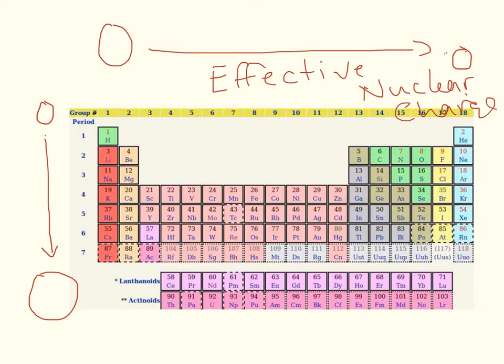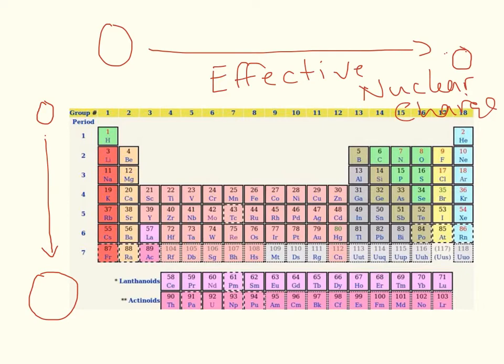Now, when we go down the groups, we see that the atomic radius is going to get bigger, and this makes sense because as I go down from hydrogen, lithium, to sodium, and so on, we're actually adding a core shell of electrons each time. So each period, we're just adding on another shell of electrons.